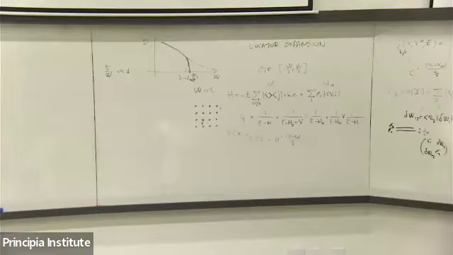The hopping on the lattice instead, V yx, is minus T if they are nearest neighbors, 0 otherwise.